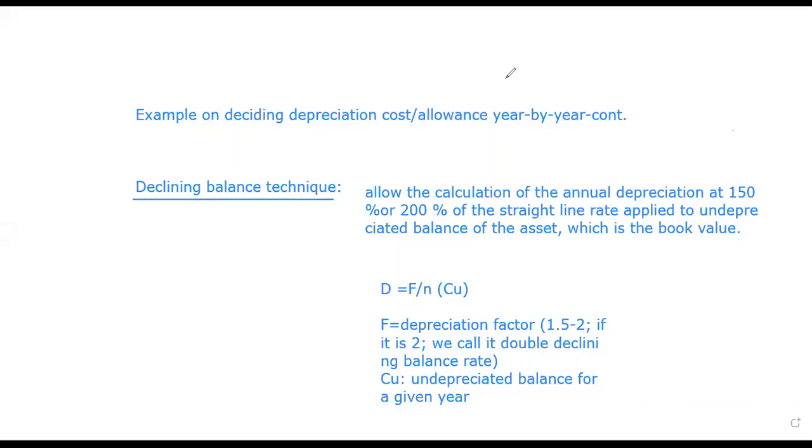For example, if I just clear that drawing, if you are going to use a technique like units of production, now you should consider your production schedule, and you will correlate your depreciation allowance every year with the annual production.